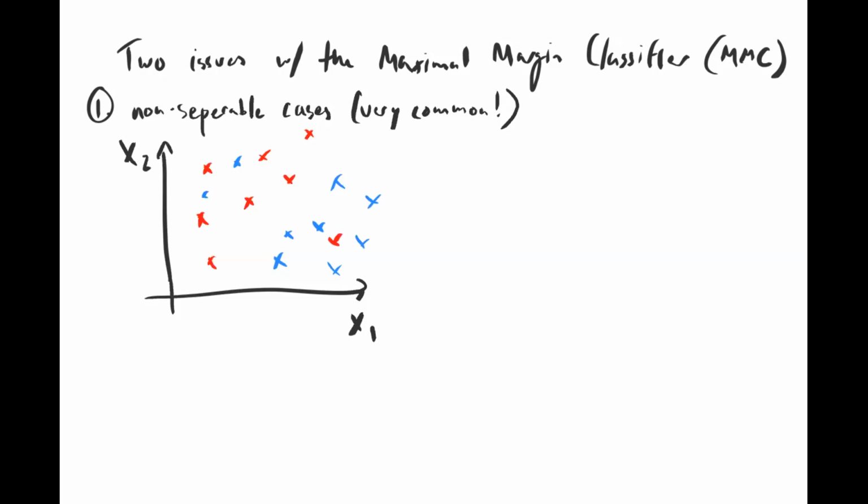There exists no linear hyperplane which can separate these. And so this is called a non-separable case. And as you can imagine, in real world data, this is very, very common. In fact, it would be pretty uncommon to get perfectly separable cases.